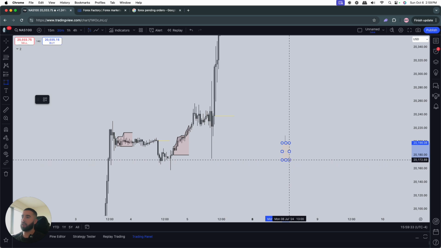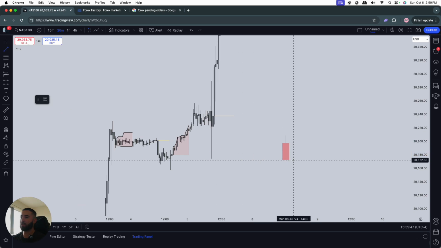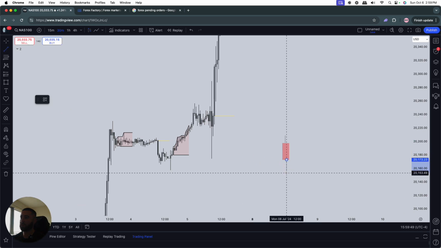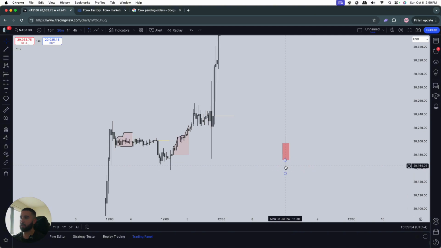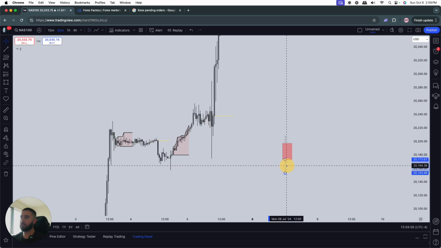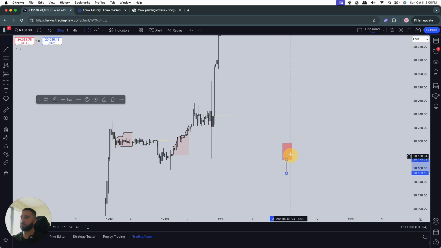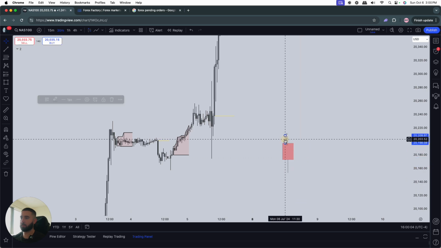And we're going to do a bearish candle. And then we have a really long wick to the upside. To the downside. Let's make this a little wider. There we go.